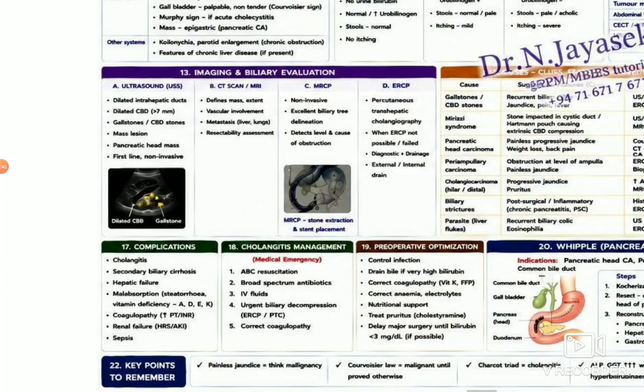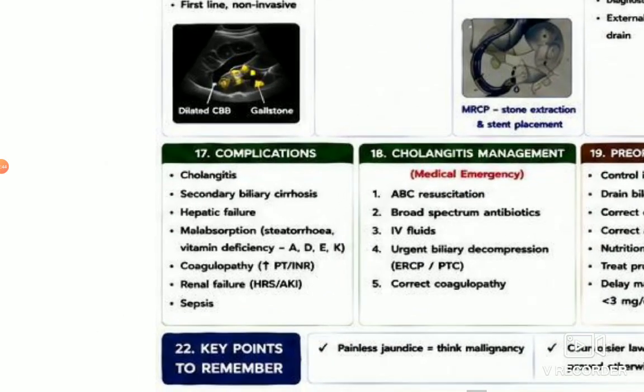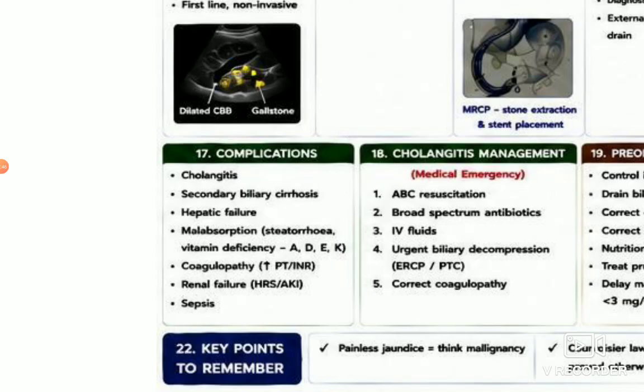Next, we'll go for the complications. Untreated obstructive jaundice can lead to ascending cholangitis, biliary cirrhosis, hepatic dysfunction, vitamin deficiencies, coagulopathy, sepsis, and renal failure.